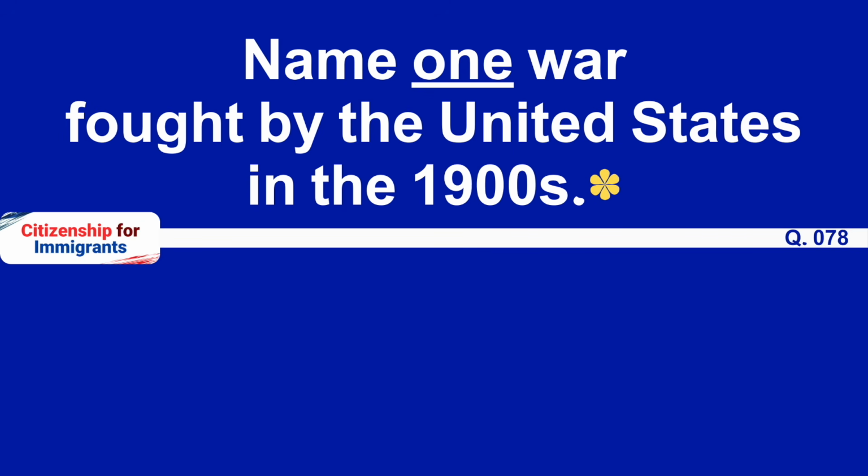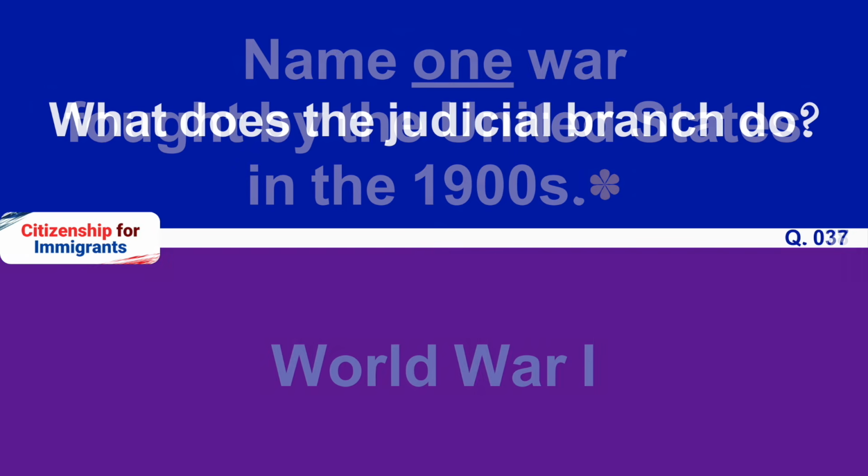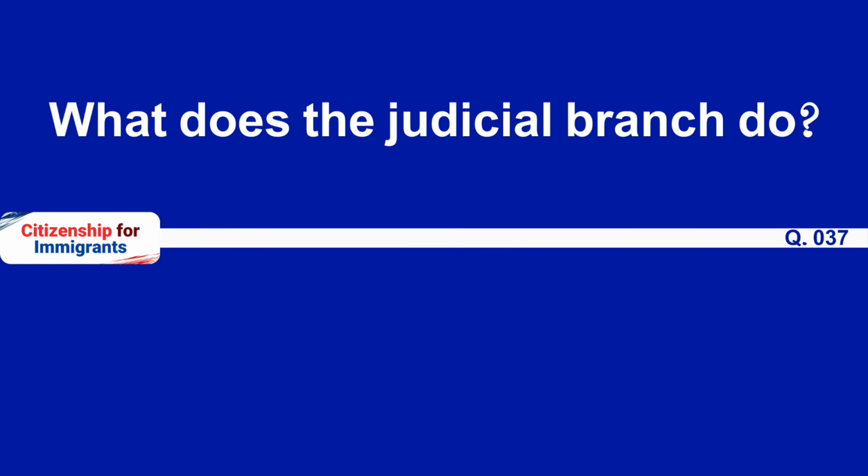Name one war fought by the United States in the 1900s. World War I. What does the judicial branch do?